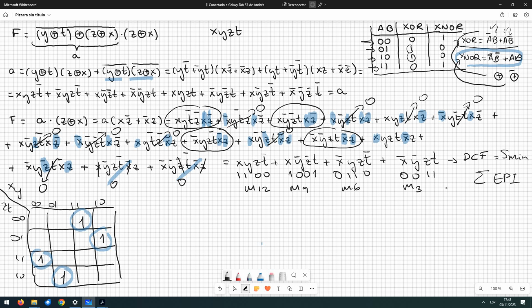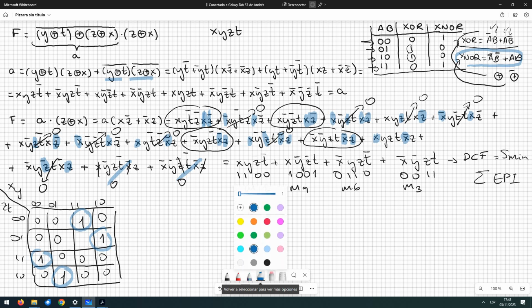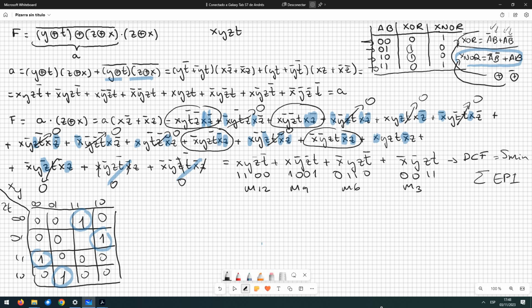If we draw the zeros, we can start with the Karnaugh map. For example, using this color, we are going to look for the implicates. So we can form an implicate. Sorry, here we have another 0.